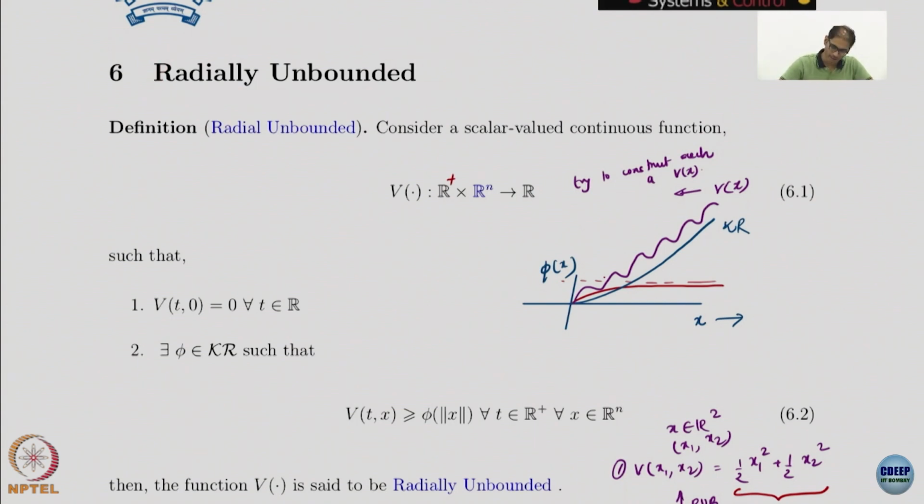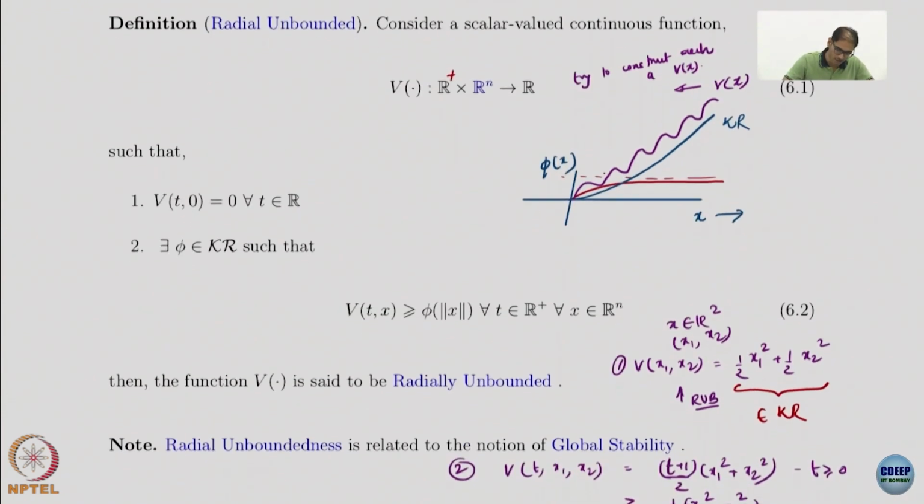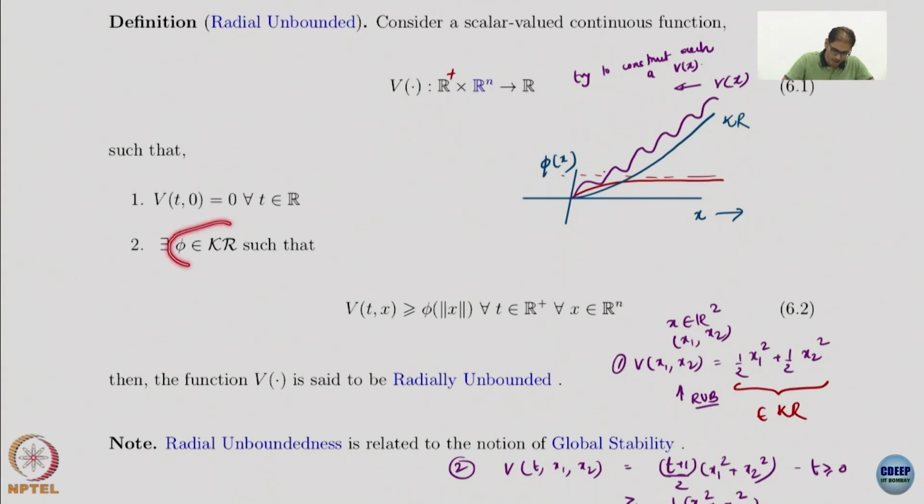And again everything else is the same, time and states map to some real number. You require that the function is 0 at 0, the only difference now is that it has to dominate a class K_R function. The function V(t, x) has to dominate a class K_R function, for all t in R plus and for all x in R^n.